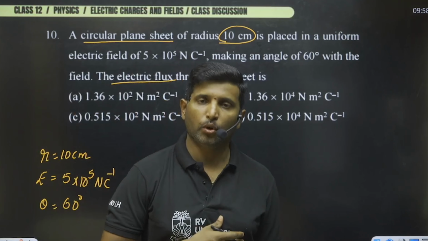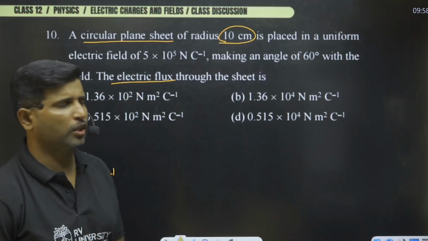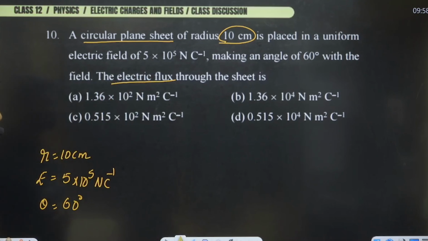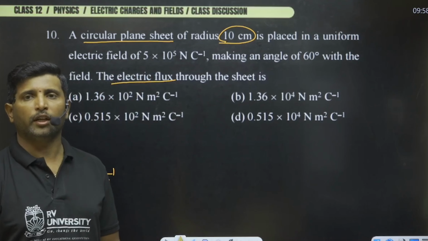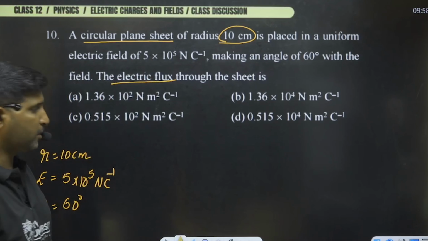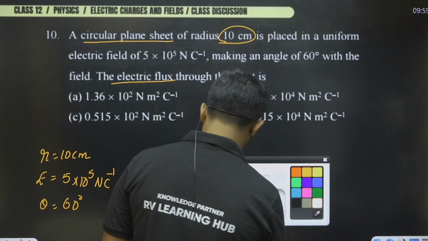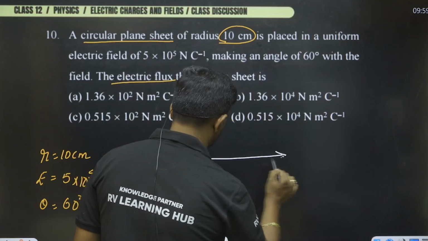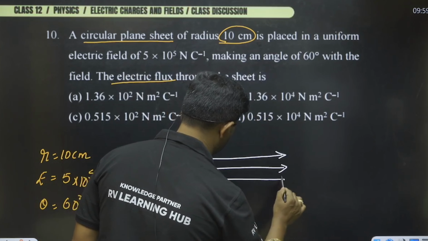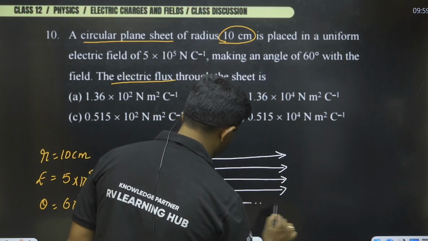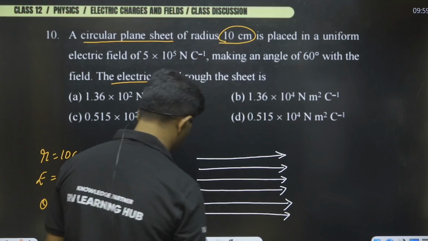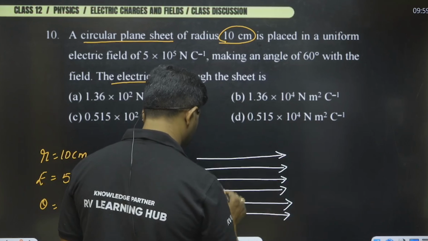Many people will get confused whenever we read this question. Oh, this much only? No, happily we can apply the flux formula and get it. But we have to understand what they are saying to us. Let us say there is a uniform electric field, so please make sure about this here. And there is a circular coil.